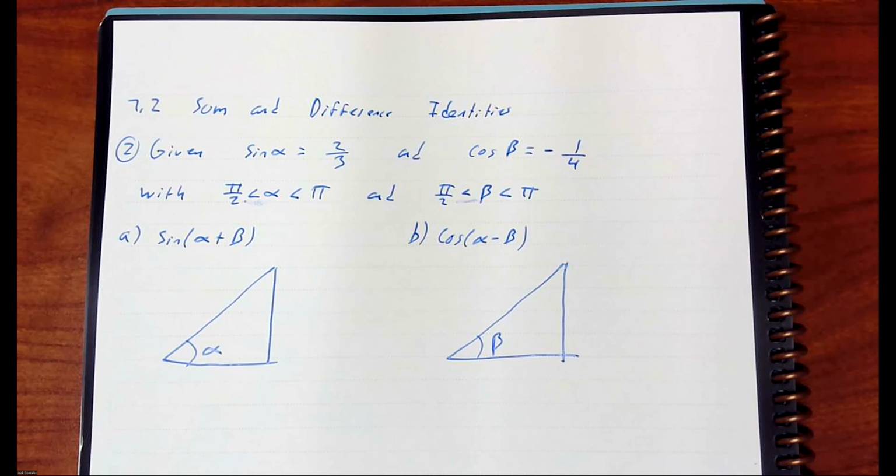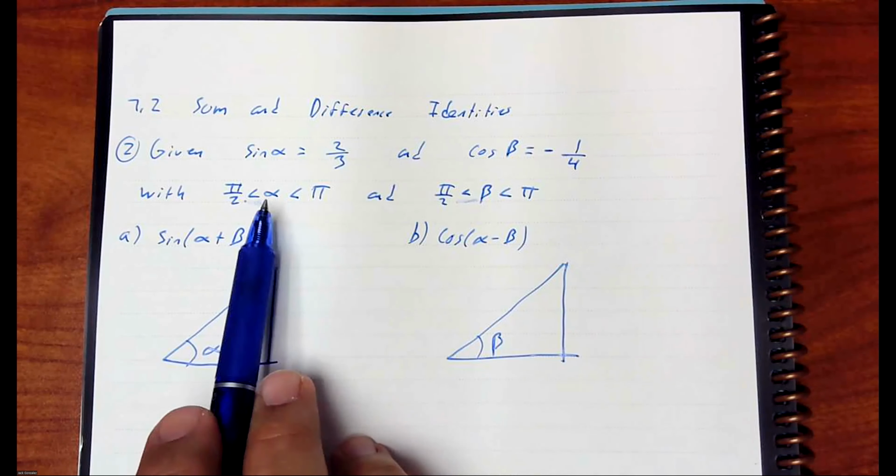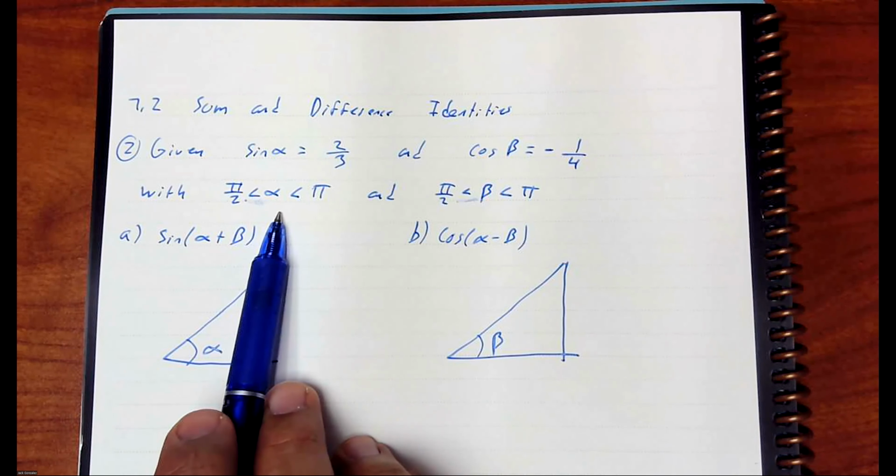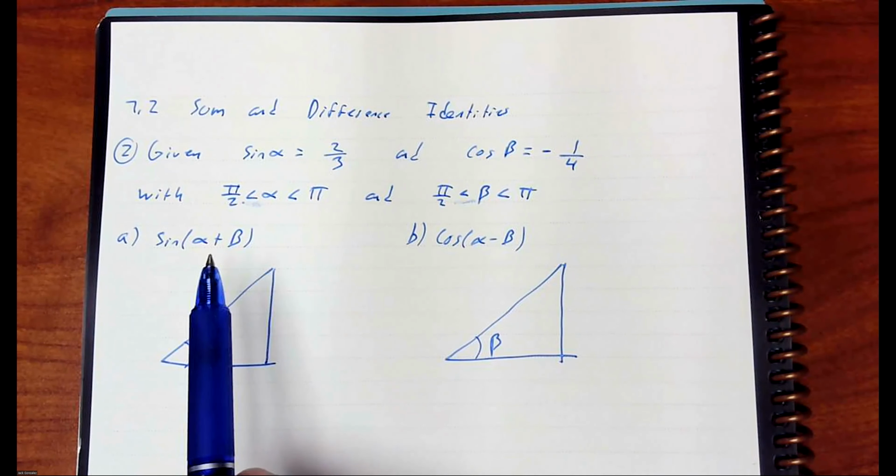Sine of alpha is in this quadrant. Which quadrant is this? Yeah, it's going to be 2. So they're both in quadrant 2.